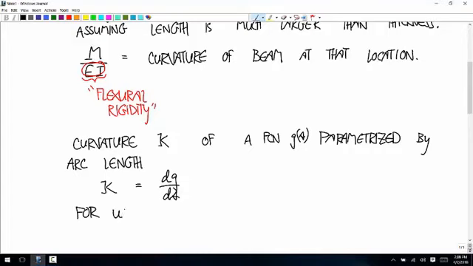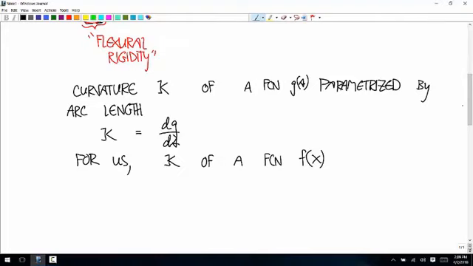For us, though, we're going to be dealing with functions of the horizontal position x. So the curvature of a function f of x is this really ugly expression.